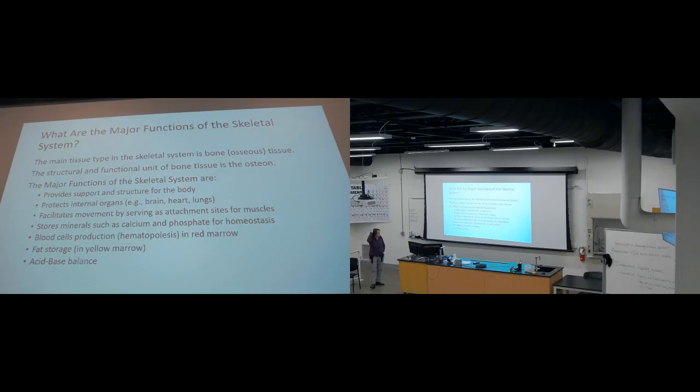That's the name for blood cell production, sorry. If I keep saying bone cell production, you are wrong, it's blood cell production. So hematopoiesis is given by the bones in the red marrow, or you can store fat in the bone marrow. In this case, it's going to be called yellow marrow, and as well participate in acid-base balance.